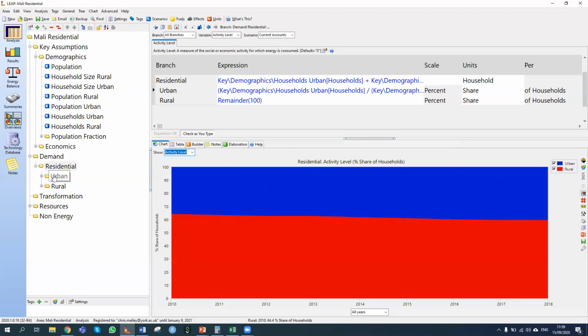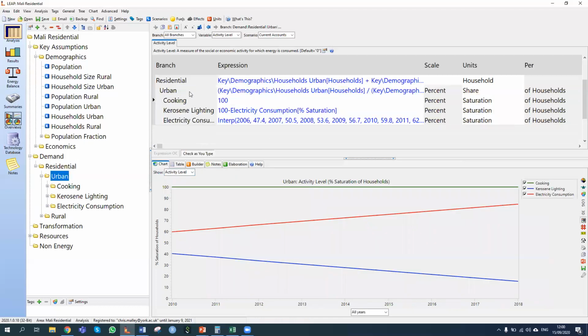So underneath residential, we first separate our houses geographically. Then we split it by activity, and we have 3 activity branches: cooking, kerosene lighting, and electricity consumption. And the activity level here is still the percentage of households, but it is a different type of percentage.